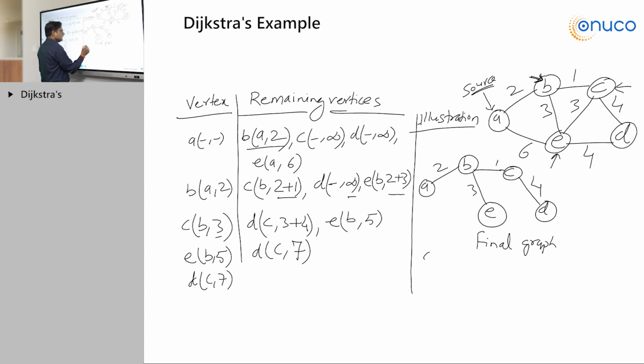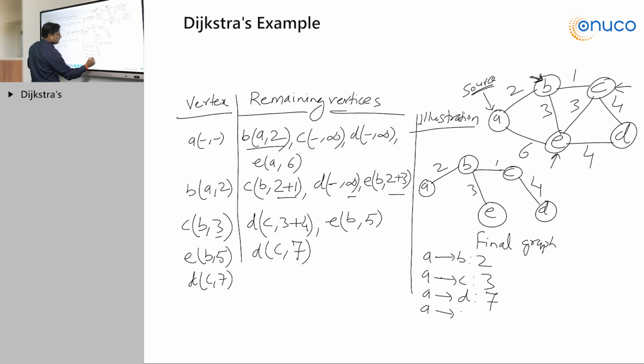The source was A. What is the distance from A to B? A to B is 2 units. What is the distance from A to C? A to C, you can see at vertex C, it is 3 units. A to D, you can see at D, what is the weight here? Total distance is 7.